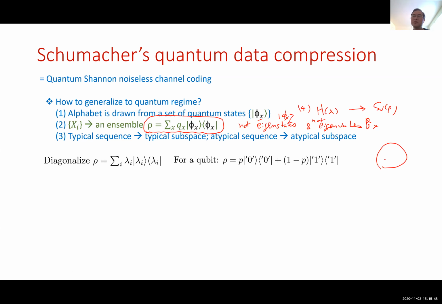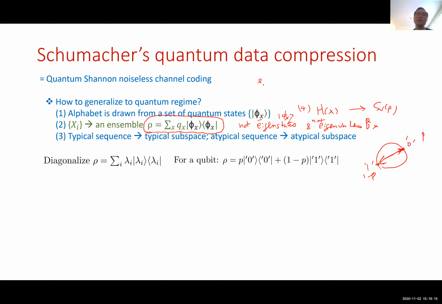So for example, it could be the zero state, which may point to any pole of the Bloch sphere, and one is the antipole of that. And p is just the eigenvalue of each of the states. Yeah, so the phi of x are not orthogonal states, right?